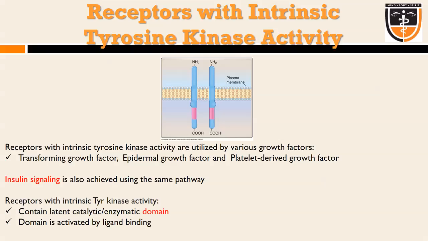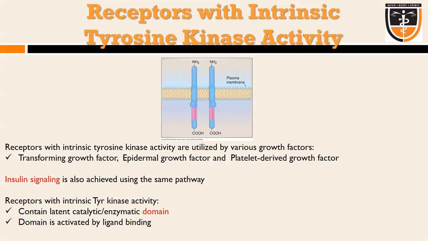Very importantly, they are used by TGF, transforming growth factor, epidermal growth factor, and platelet-derived growth factor, which you all hear about in immunology extensively. For me, more important, I think, is insulin signaling, which actually occurs through these pathways.